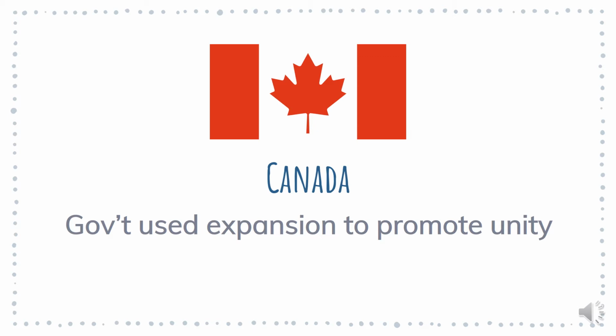In order to promote unity between the French speakers and the English speakers, the government promoted the same idea of expansion. Let's fill out the rest of the continent, from east to west, all the way to where Alaska is now.